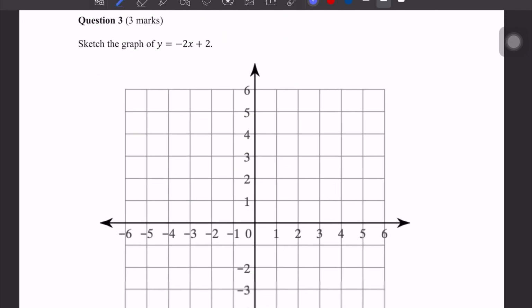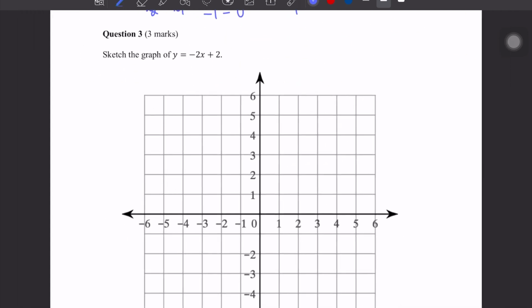For the next question, sketch the graph of y equals -2x plus 2. Firstly, in here you can determine the y-intercept. It's where your straight line will cut the y-axis. And for another point, let's choose any random x that gives you a y.